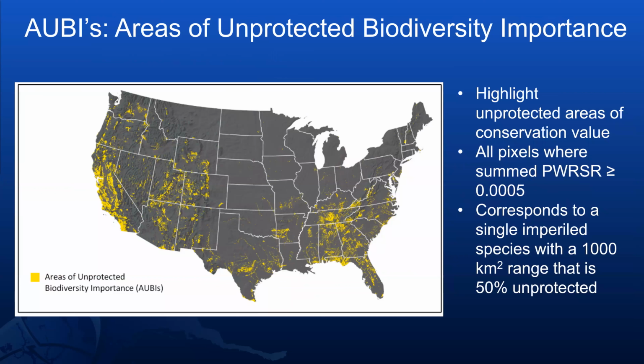In our efforts, we're defining a unit called Areas of Unprotected Biodiversity Importance, or ABIs. These are all pixels above a certain threshold of protection-weighted range size rarity summed across all species. These are areas, these yellow ones on the map, highlighting where narrow range unprotected species occur in the landscape.